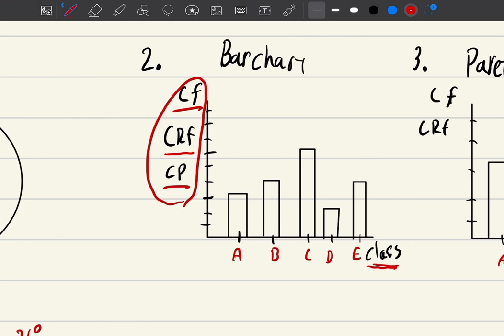Like A here, the class frequency is 3. B is 4, C is 6, D is 2, E is 4, like this.